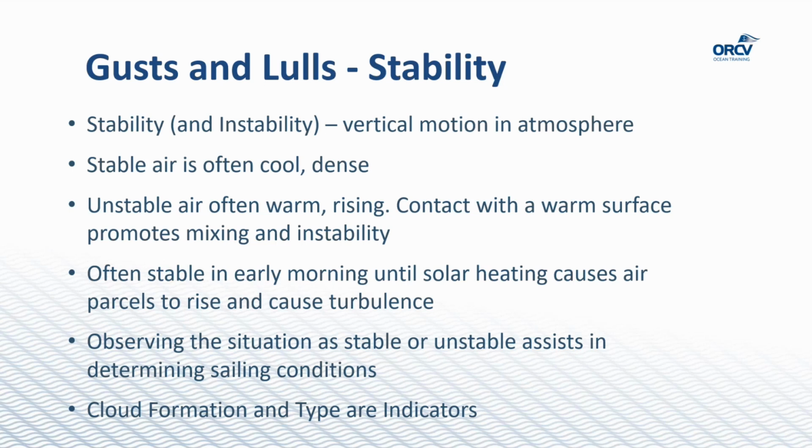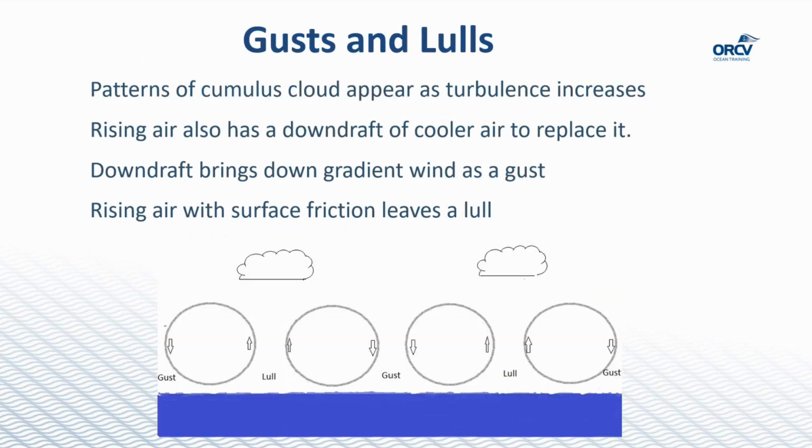So determining stable or unstable, and we covered that in the last session. And reading the clouds, which we did a little bit, are the indicator that says what you're experiencing. Now here's a situation where we've got cumulus clouds moving through the air.